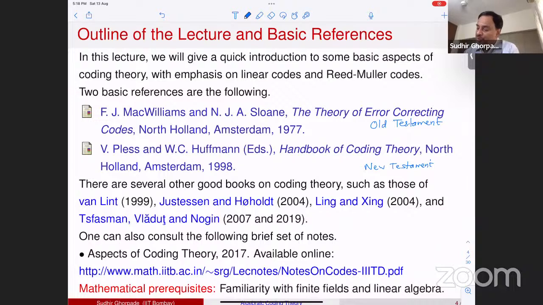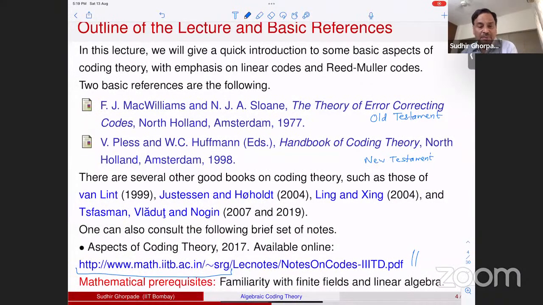You can find them on my homepage, which you can get by Googling my name, for example, and you can find a lot of information, in particular notes of lectures, by just browsing on that page.